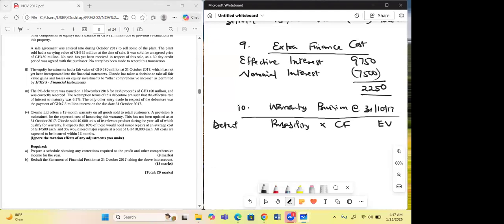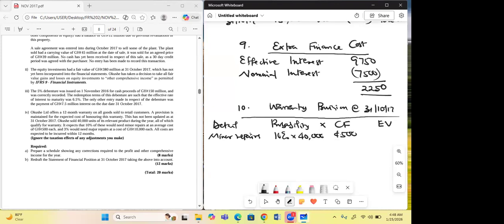It expects 10% to need minor repairs. So for minor repairs, 10% of the 40,000. Remember, I sold 40,000 units. That will attract an average cost of 500.